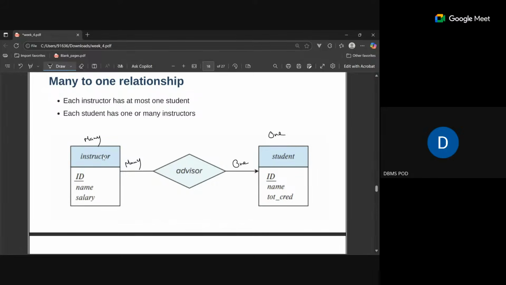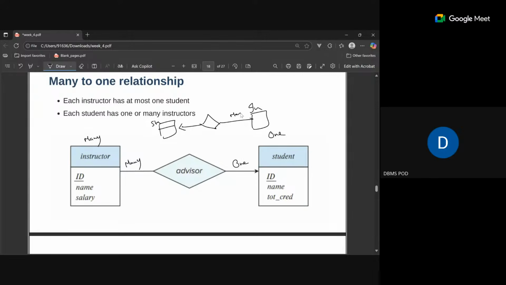Here, the instructor can have only one student, and a student can have many instructors. It's nothing but many-to-one, the opposite of one-to-one. It's just the opposite way. You can define it in any manner. You can say it in words, right? If we put it like this, the student table here and the instructor here, I just reversed it.